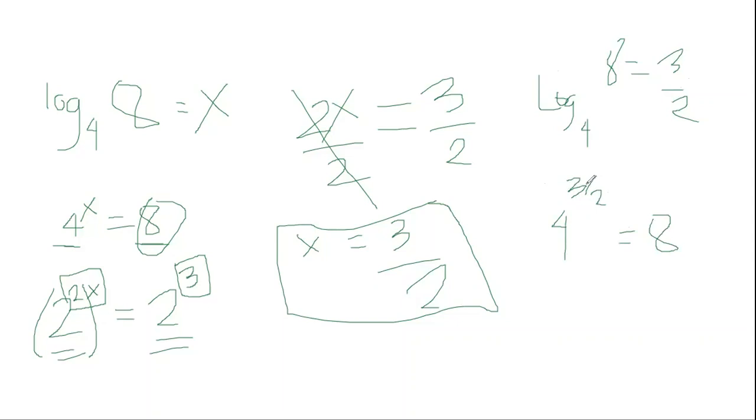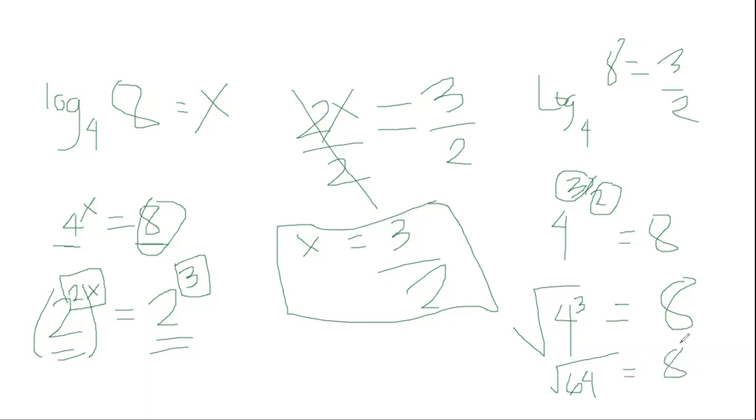And 4 to the power of 3 over 2 is the square root of 4 to the power of 3: the 2 is the square root, and the 3 is the exponent of 4. So 4 cubed is 64. The square root of 64 is 8. So it is equal to 8. Meaning 3 halves is the value of log base 4 of 8.